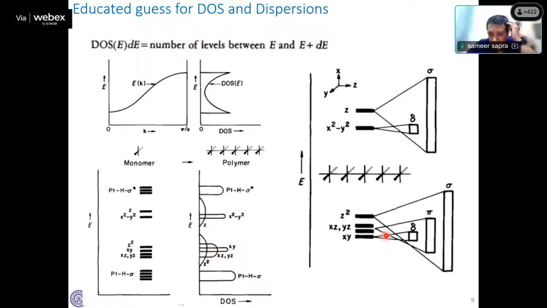And if I look at the DOS, these delta, pi, and sigma are nothing but the bonds: sigma bond, pi bonding, and delta bonding. Don't worry about that, but sigma is head on, and that interacts the most. So I'll have my dispersion, which is maximum for z square, less for xz, yz, least for xy.